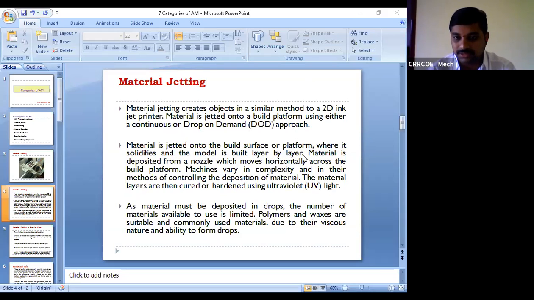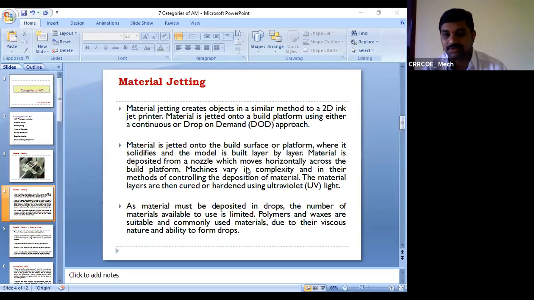In a similar context, the difference here is that the material is supplied in a continuous manner. The material is deposited from the nozzle, which moves horizontally across the build platform. Material may vary in complexity and in the methods of controlling deposition of material.